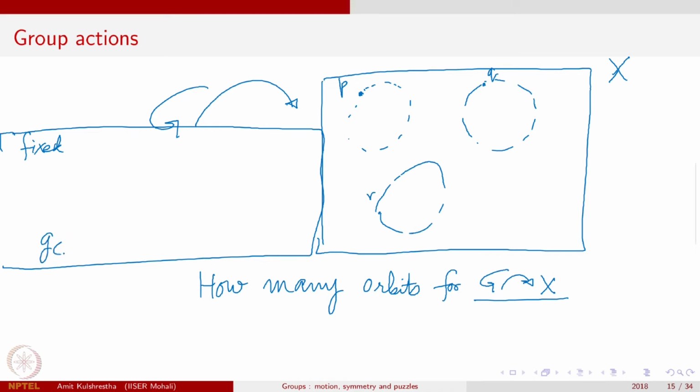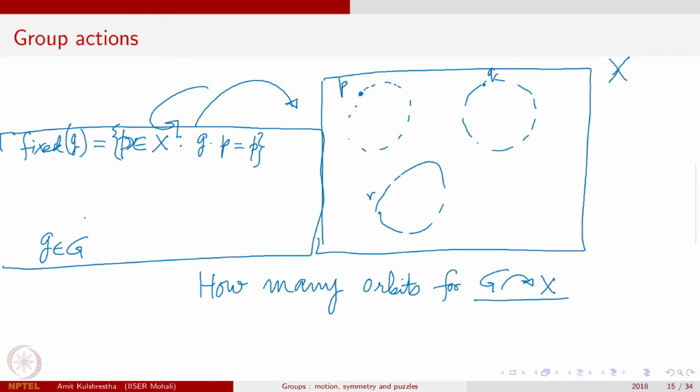So here I pick an element in the group and I find out all those elements in the set which are fixed by G. That means those points are not moved by this particular G. So I consider all those points P in X such that G fails to move those points.